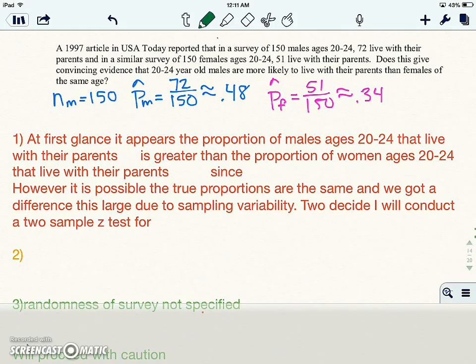So the first thing I did was find the proportion of males: 72 out of the 150, or 48%, still lived with their parents. And then I looked at the females: 51 out of 150, only 34% lived with their parents. So right now it looks like more males still live at home. And we're going to subtract them to truly figure that out.